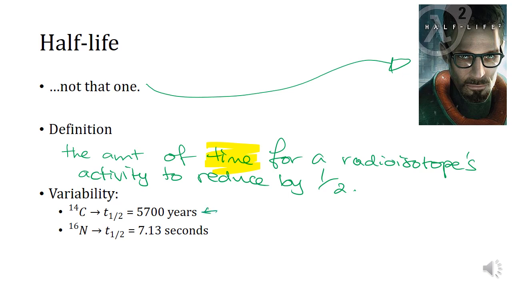Carbon-14 is what's used in carbon dating. And that has a half-life of 5,700 years. So if I've got something that dies today and gets cut off from a carbon exchange, if I then, in 5,700 years, measure the concentration of carbon-14 in that organism, it will be half of what it would be on the day it died.